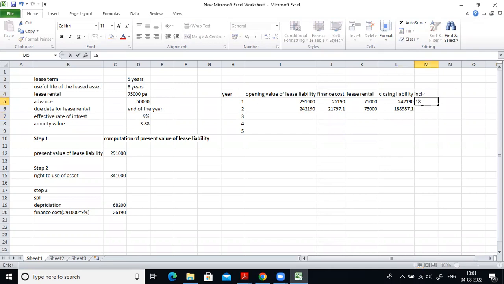That is, 1,88,987 will be the non-current liability for the first year, and the current liability for the first year will be the difference between the closing liability and the non-current liability. That is 2,42,190 minus the non-current liability 1,88,987. So this 53,203 will be recognized as a current liability. Is that clear, participants? Any query on this?